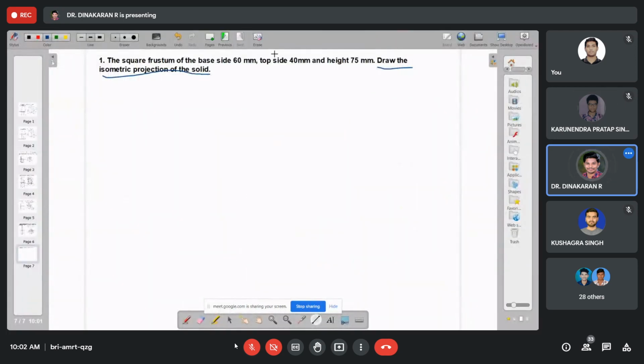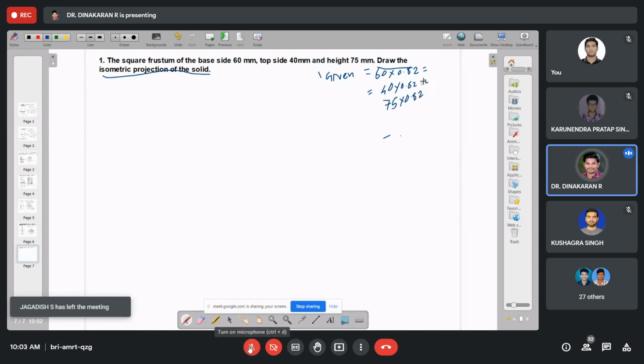For that, 60 mm is given. So 60 into 0.82, how much is coming? 0.82 is the conversion. And top 40 into 0.82, and 75 into 0.82.